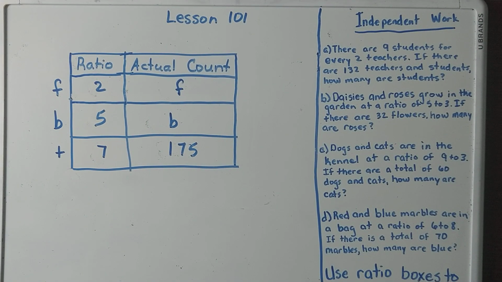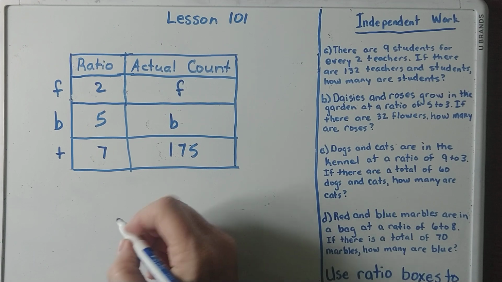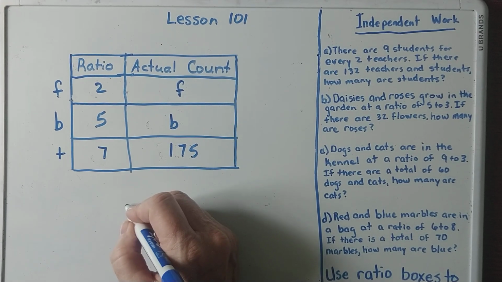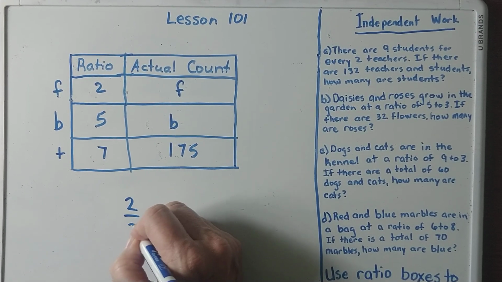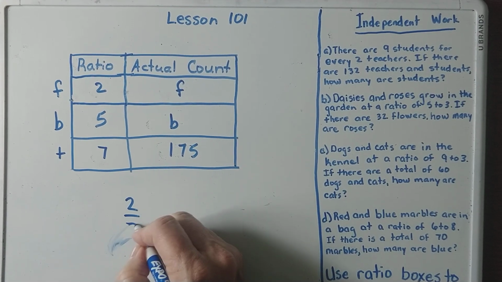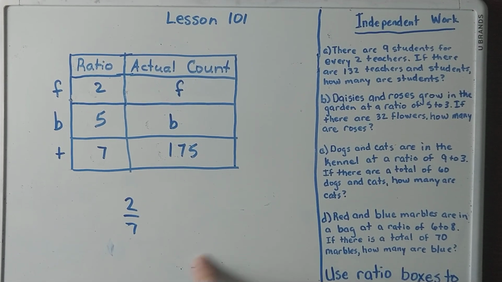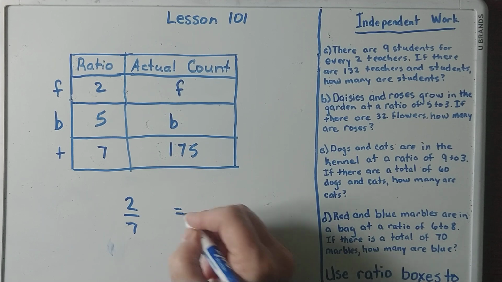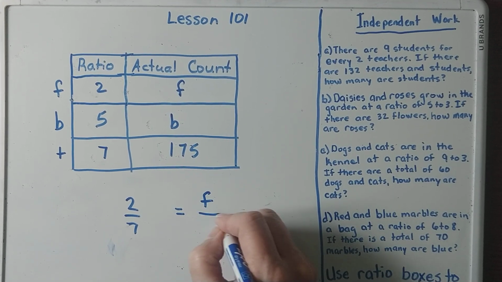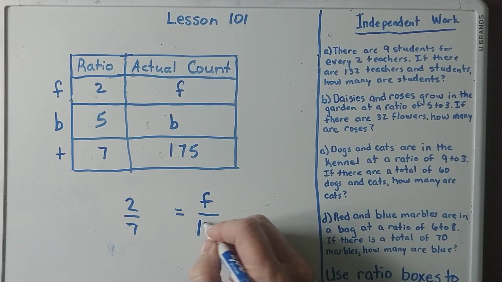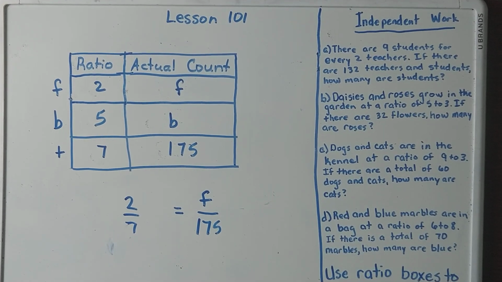Okay, so what we're trying to find out is how many football players were on the field. All right, so we already know the total. So we've got 2 to 7. So for every 2 football players, there were a total of 7. And we don't know how many football players there were, but we know that there were 175 total.